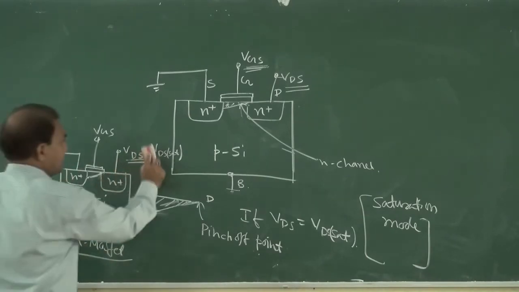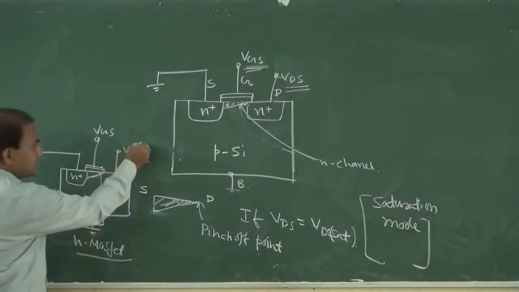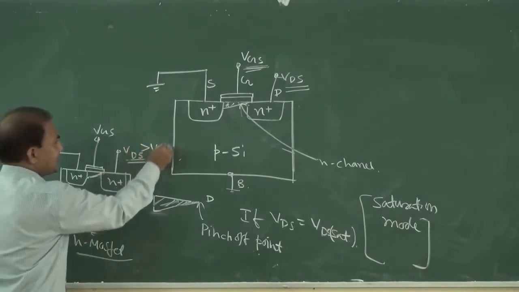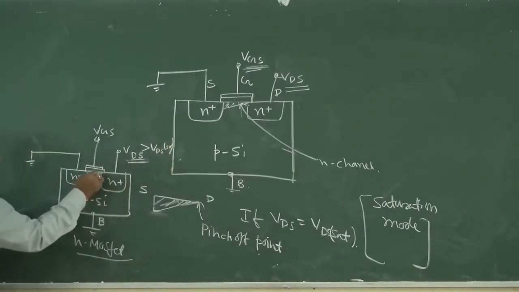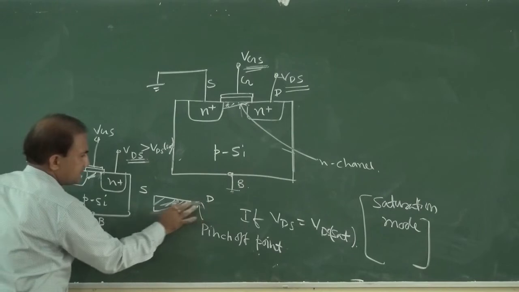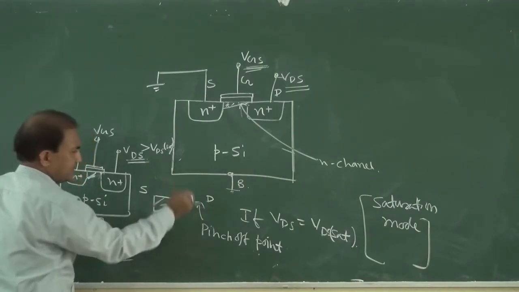So if VDS is more than VDS sat, then this pinch off point will move towards this point.